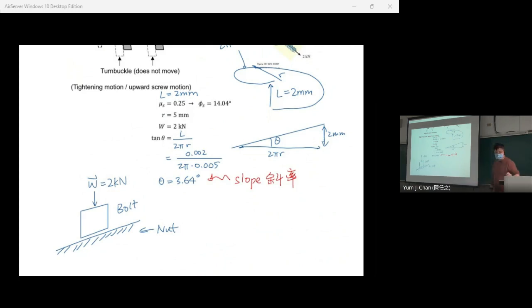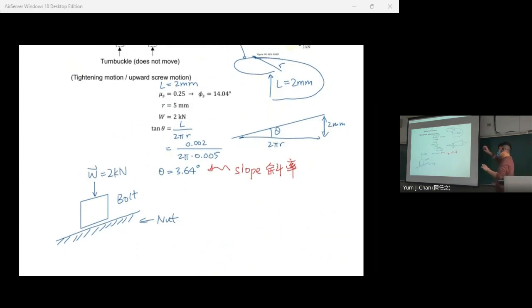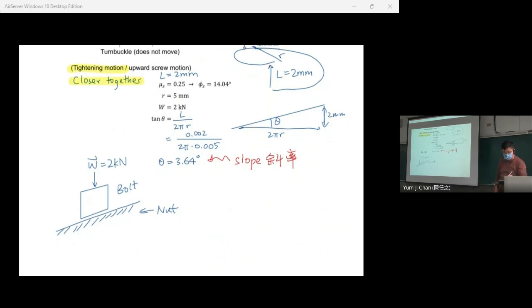We want to tighten because it makes them closer together, so we increase the tension. It is a tightening motion. For a tightening motion, does the bolt go to the right or to the left? Because the force is this way, the actual motion is this way, so it's going to the right.